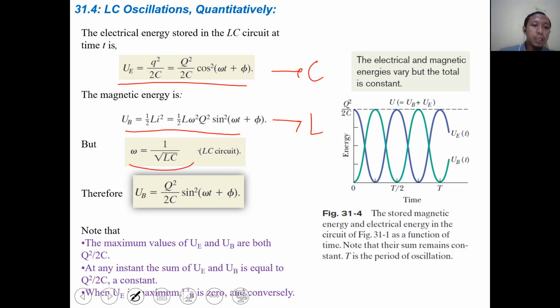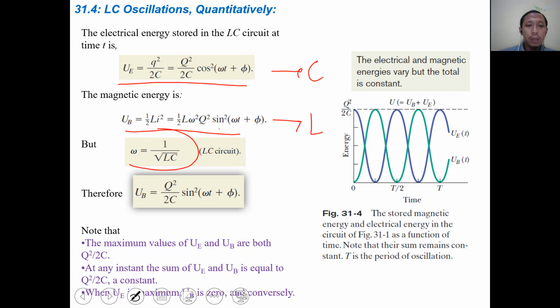So the omega is this one, and then U_B is equal to Q squared over 2C sine squared (omega t plus phi).